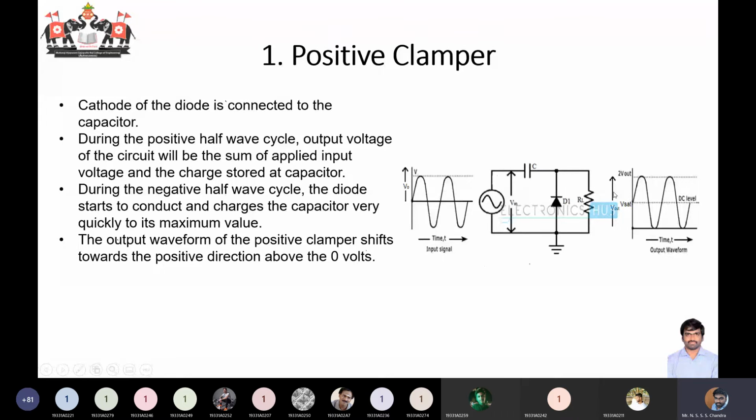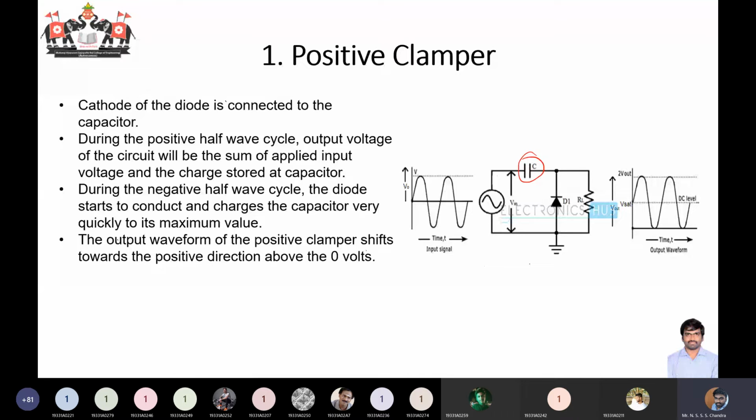Initially the capacitor is not charged, and as I told you, your charging and discharging times are longer. So for the first positive half cycle, the capacitor is not yet charged.